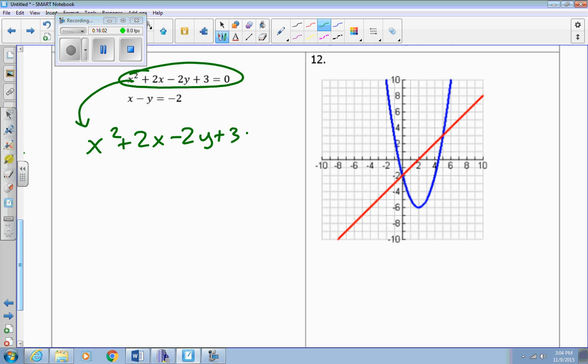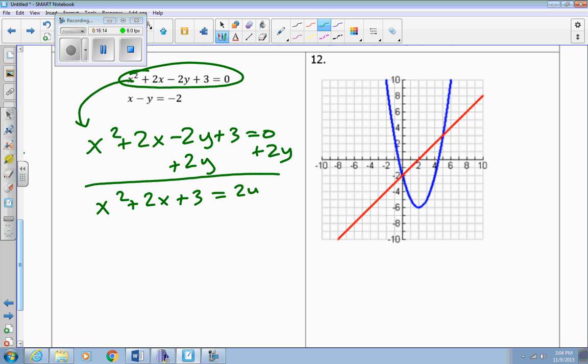Easiest way, I think, is just to move the negative 2y over. Then divide everything by 2. So y equals, and in the calculator you have to put parentheses around the numerator. That will enter that in.